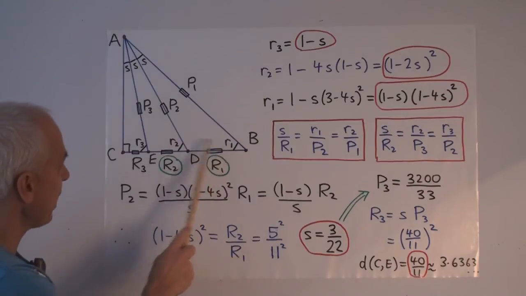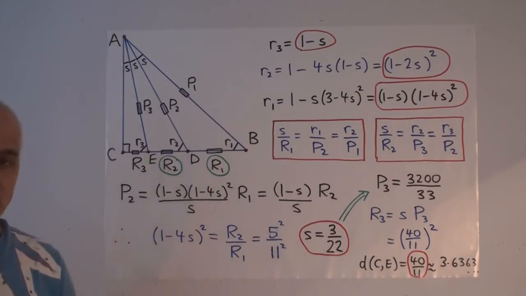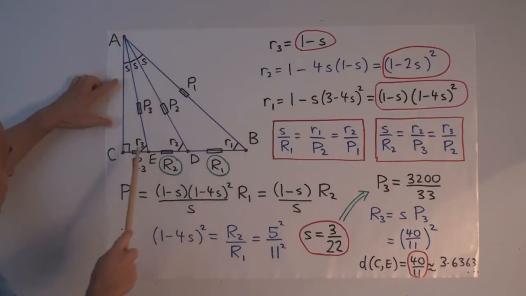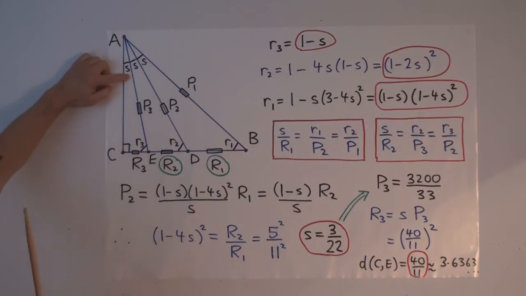Okay, so we're going to have a look at these 3 spreads R1, R2, and R3 here and relate them to S. And we do that by using the fact that in a right triangle, the 2 spreads here add up to 1.